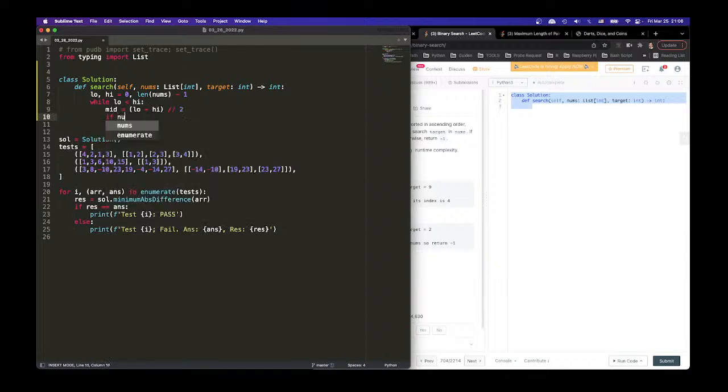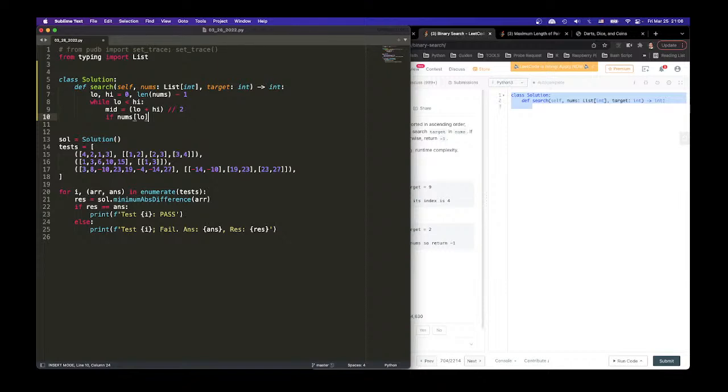We say if nums low, when you return the index, that's fine. I think we need to bias which one?